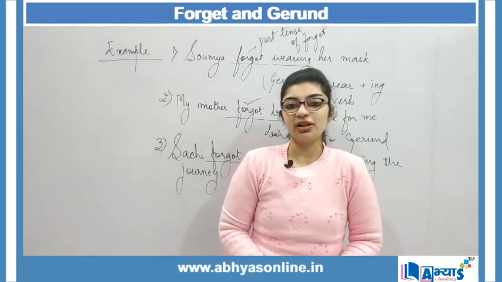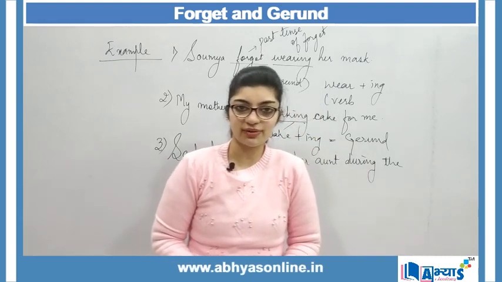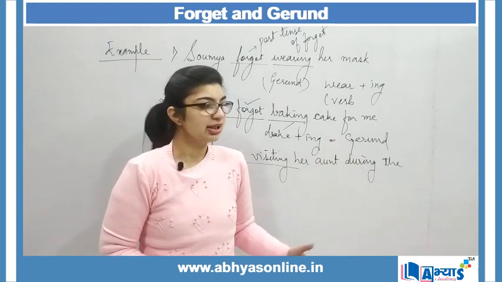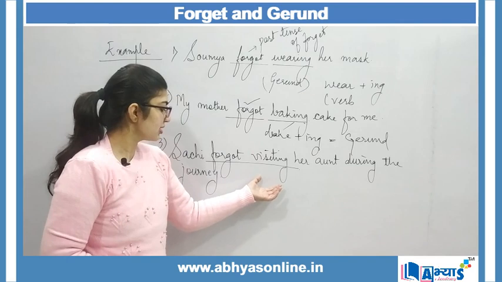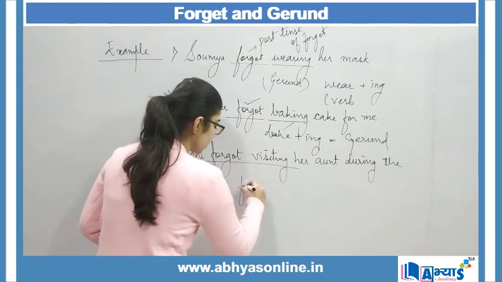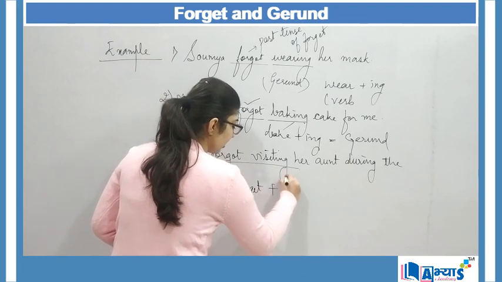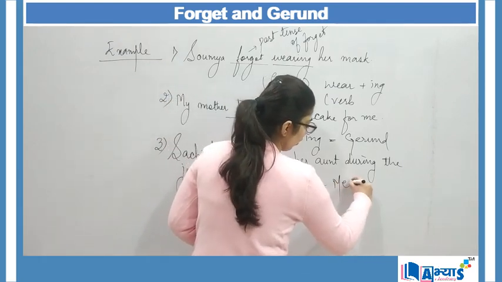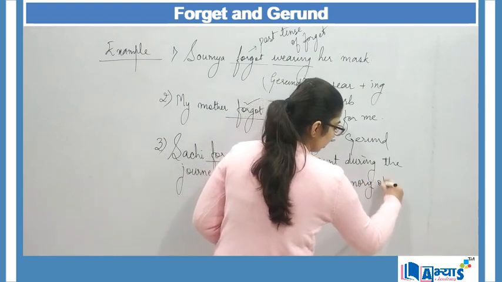So in this particular video, we have discussed gerunds. Gerunds are all those verbs which end with ing. Here we have used gerunds along with forget. Whenever we make use of forget plus gerund, it represents the memory of recollection.